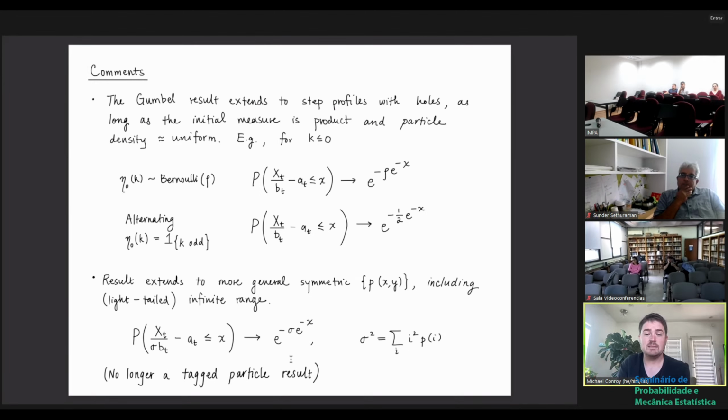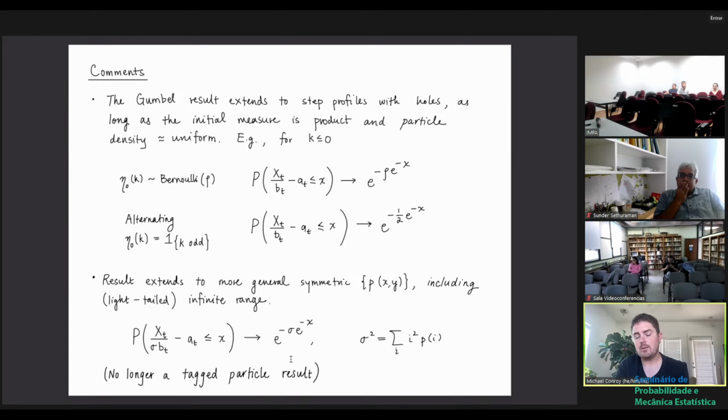And a couple comments: the results hold more generally. So we don't need a full step profile. We can have holes as long as the initial measure is of product form, because this is where the strong Rayleigh property comes from or relies on. And we need the particle density to be approximately uniform.